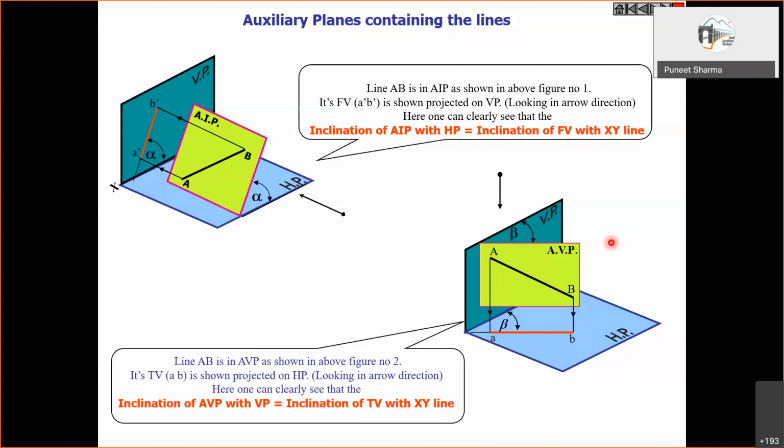Let us move on to the next slide. Now we'll consider projections on the auxiliary plane. The previous slide showed us the auxiliary plane which was including a line lying in the first quadrant.